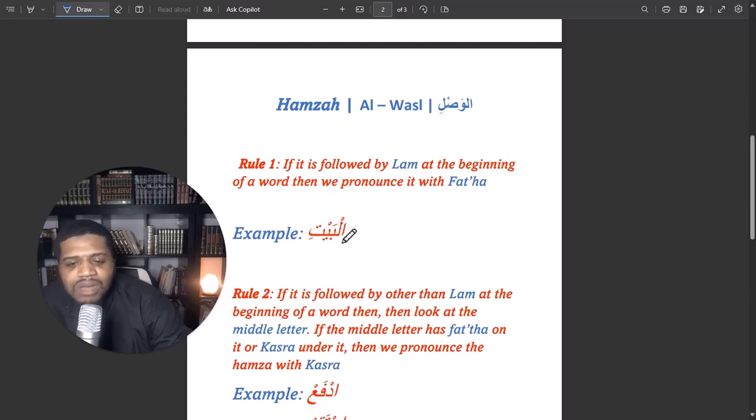Once we see this lam, we instantly say, okay, we're going to pronounce this hamza with fatha, because there's a lam after it. I don't have to write anything on top of this hamza, because I know that there's a lam after it. It's at the beginning of a word. This is a, and it's always going to be a. Al-bayti. Okay, so quite easy, alhamdulillah.